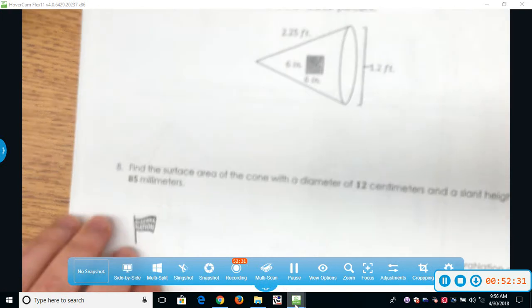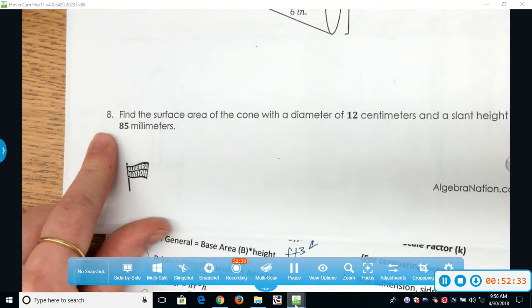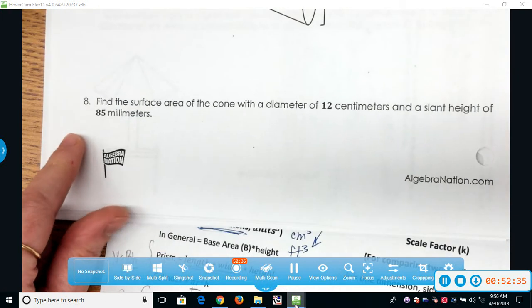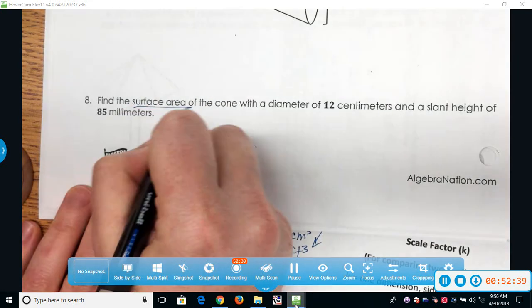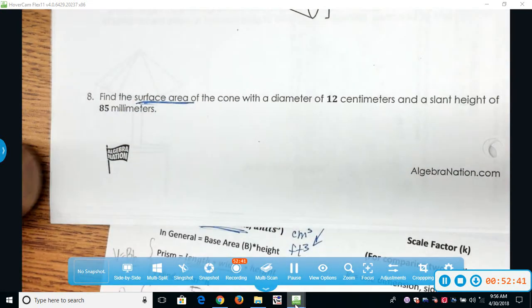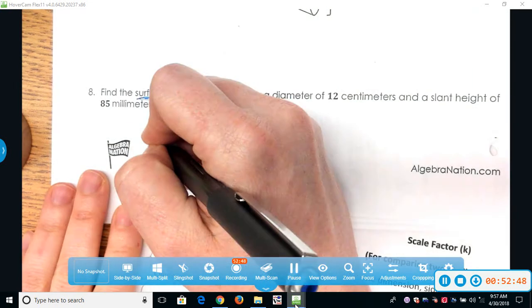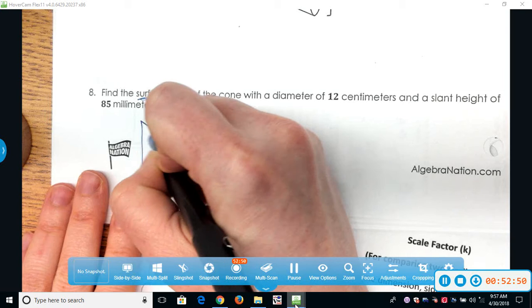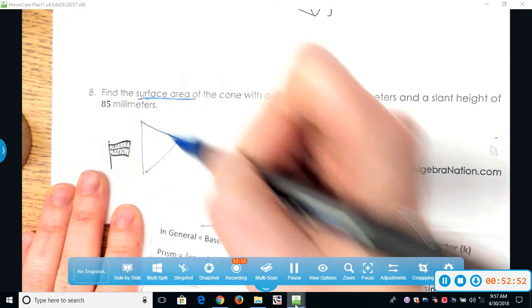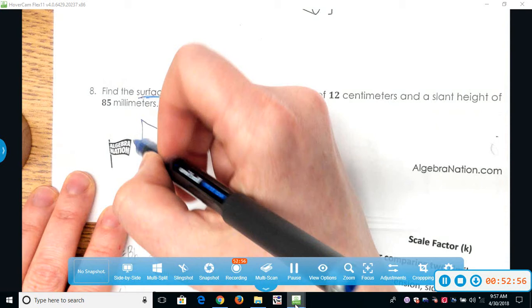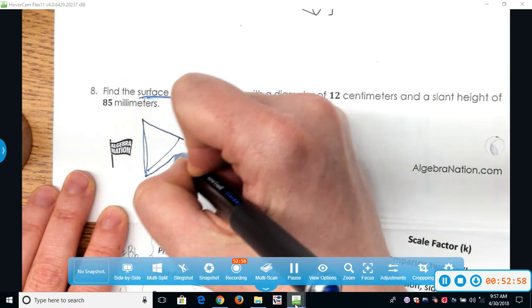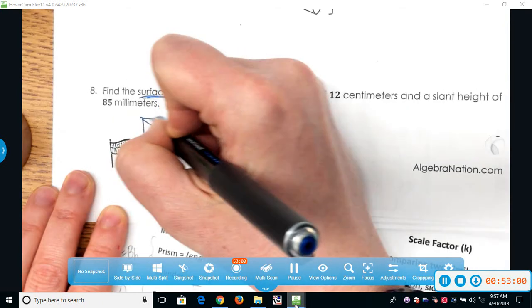All right, let's do number 8. It's a cone. They want the surface area. Another real world example of a cone is a party hat. If I cut that party hat and made it into a net, it would look something like this. Sorry, this is meant to be more curvy.